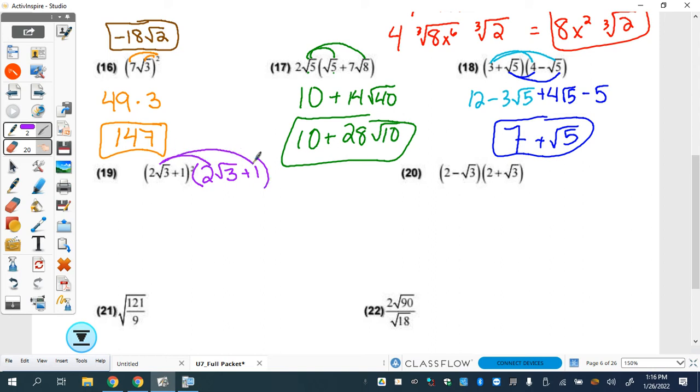So 2 radical 3 times 2 radical 3 would be 4 times 3, so 12. The 4, because 2 times 2 is 4. Radical 3 times radical 3 is 3. 2 radical 3 times 1 would be 2 radical 3. And then distribute my 1.